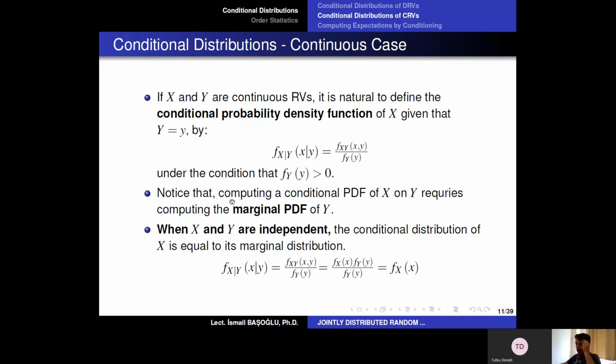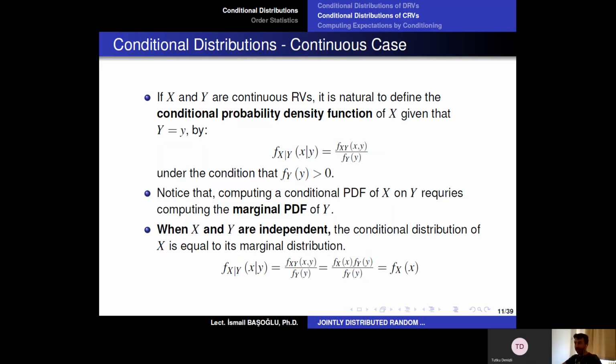Now, we are computing the conditional probability density function of x on the observation of y, and in that formulation, we definitely need the marginal probability density function of y. So if you are conditioning x on y, you require the marginal PDF of y. If you condition y on x, then you are going to require the marginal density function of x.